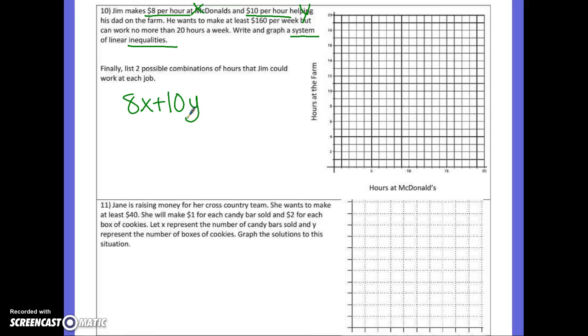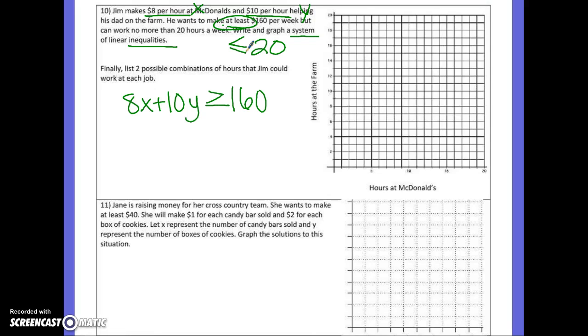He wants to make at least $160. At least means he needs that much money or more. And then he cannot work more than 20 hours. So keep in mind, he cannot work more than, no more than, so it has to be less than or equal to.